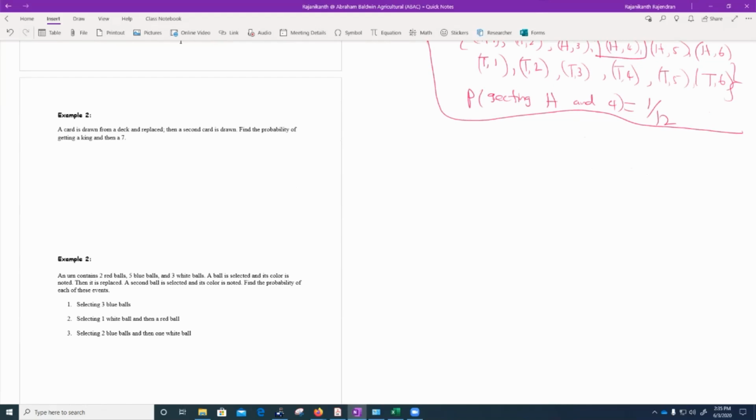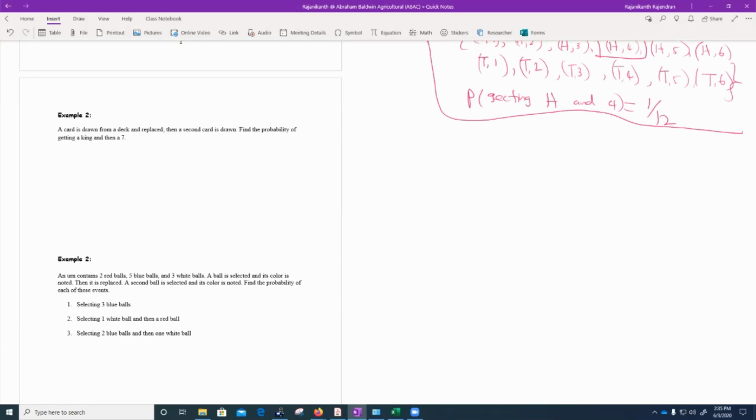That means when you draw the second card, that probability will not be affected by the first drawing because you are replacing the card. You will have the same number of possible outcomes. Therefore, those two events are considered independent events, right? So getting the first card and getting the second card are now independent events.